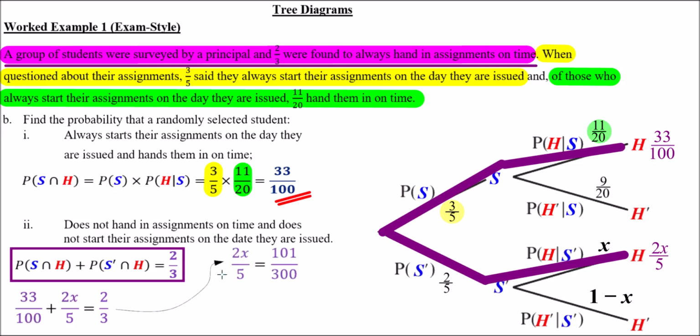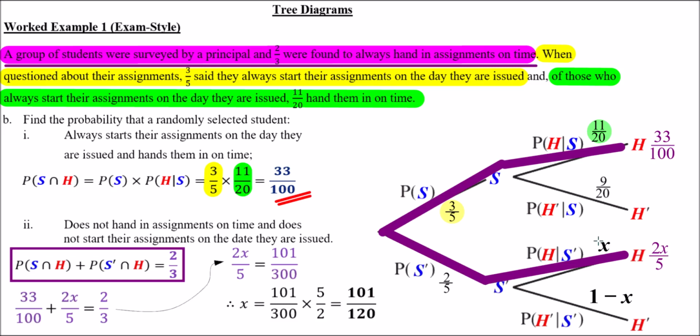If we do that, we see that 2x/5 is 101/300, and then to find out what x is, we can times by 5 and divide by 2, just to get rid of this fraction. So making x the subject, we have therefore that x has to be 101/300 times 5/2, which is 101/120.